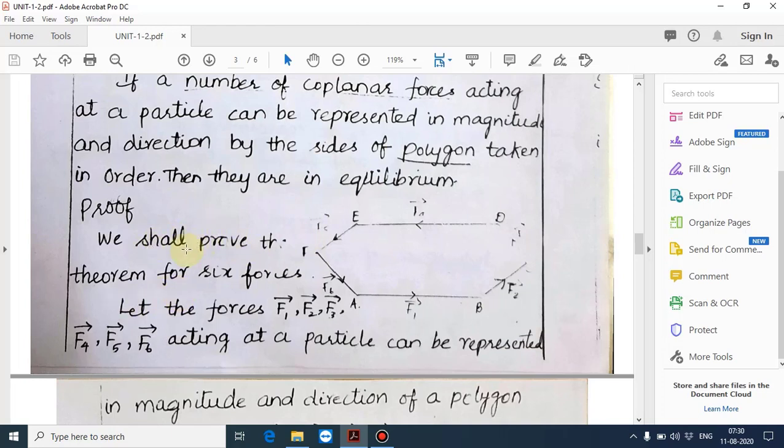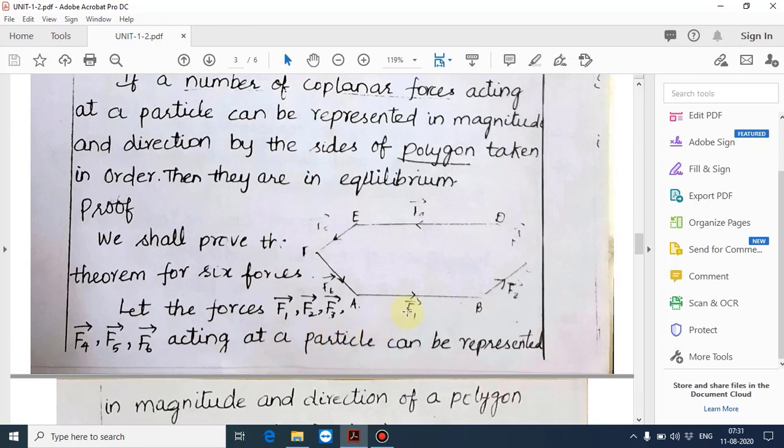We shall prove the theorem for 6 forces. Okay girls, so what are the forces? We are assuming F1, F2, F3, F4, F5, F6 acting on a particle can be represented in magnitude and direction.